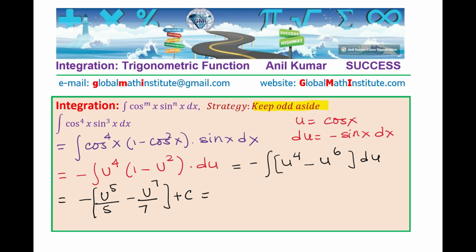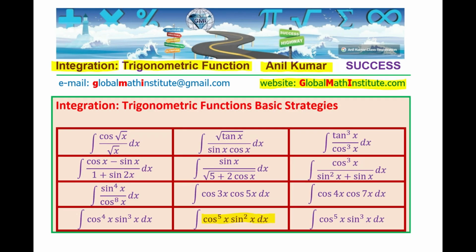Now we can open the bracket. Minus, u is cos x, so it is cos to the power of 5x over 5, change the signs, plus cos to the power of 7x over 7 plus c. Makes sense? That is how we are going to solve this particular question. So you see how easily we answered this problem.